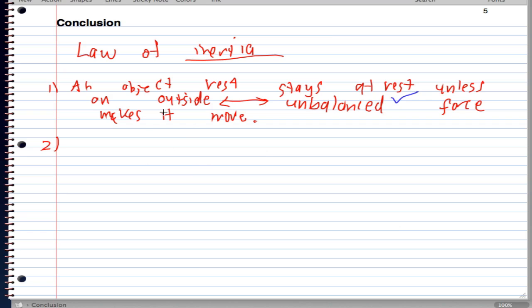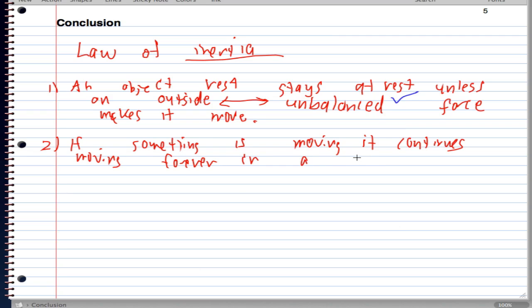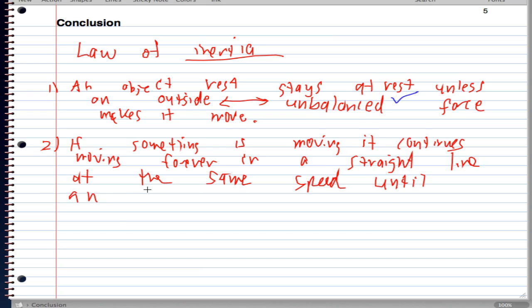After all the lab work that we did in class today, we came to an even weirder conclusion that's totally counterintuitive, but it was absolutely borne out by our observations and our evidence today, which is if something is moving, it continues moving forever in a straight line at the same speed until an unbalanced force changes things or comes along.